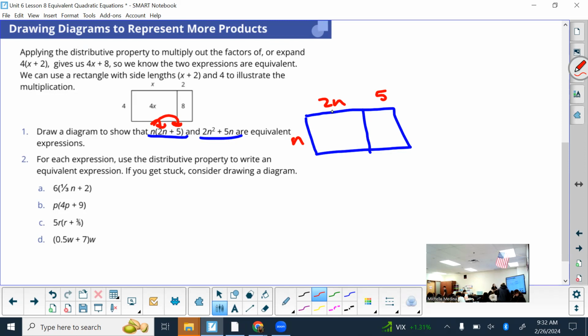So then table 3, what's 2n times n? It's not. No. Care to venture another guess?